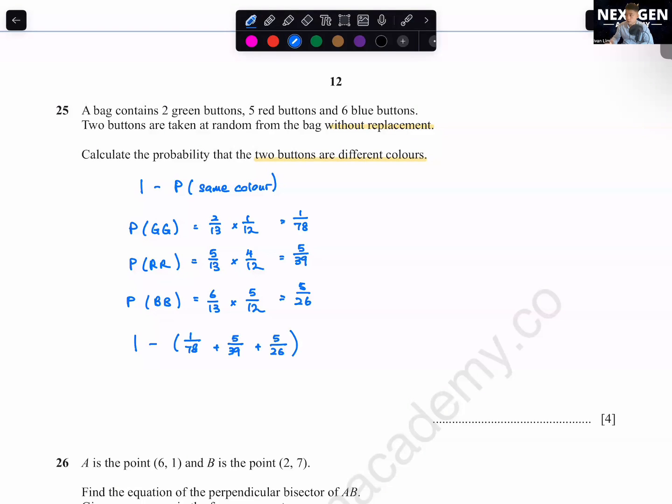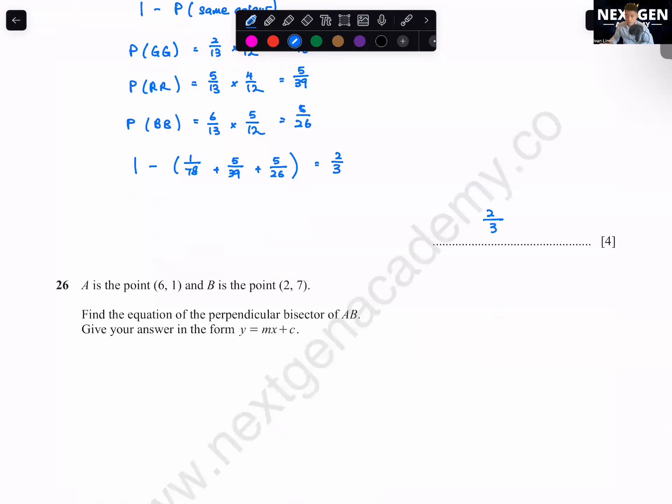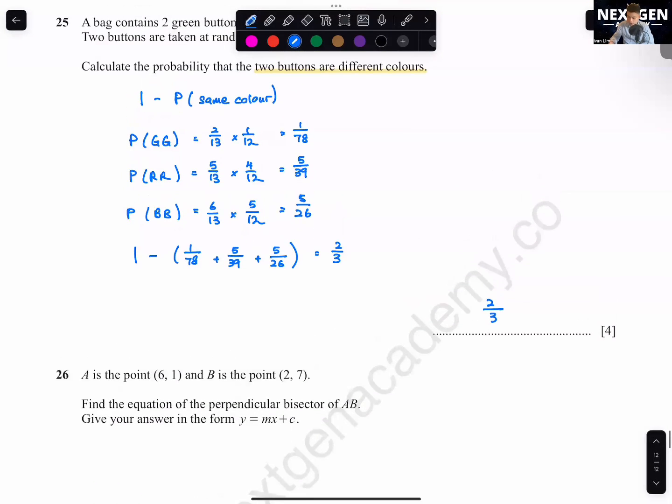We should get 2 over 3. Explain why it must be minus 1: because without replacement.